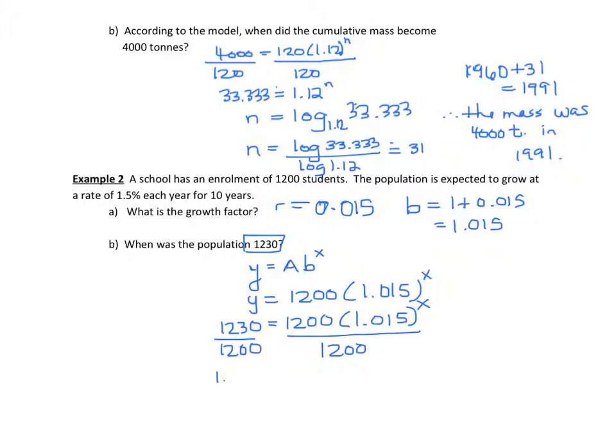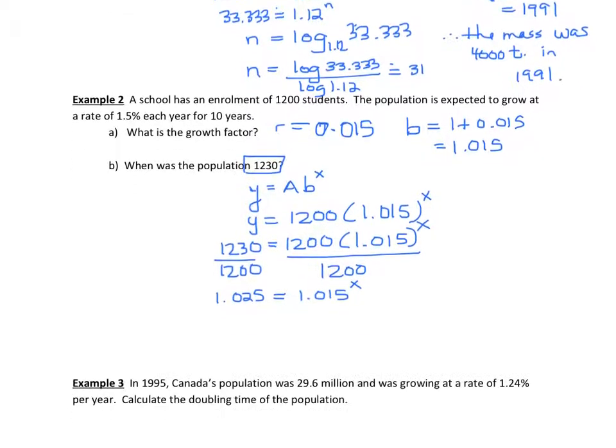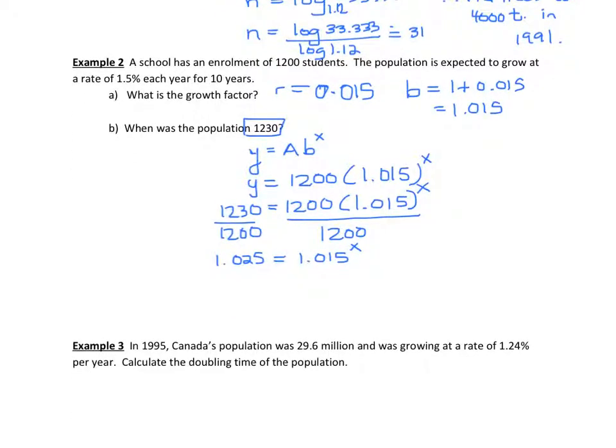Make this into a decimal, so 1.025 is equal to 1.015 to the exponent x. Rewrite this equation in logarithmic form. So x equals log base 1.015, and we're finding log of 1.025.